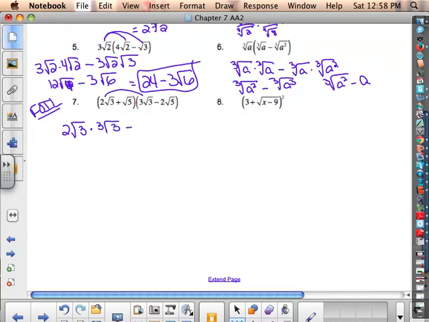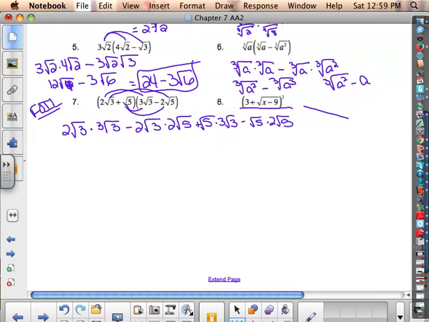Then minus 2 root 3 times 2 root 5, outer, inner, plus root 5 times 3 root 3, and then last will be minus root 5 times 2 root 5.